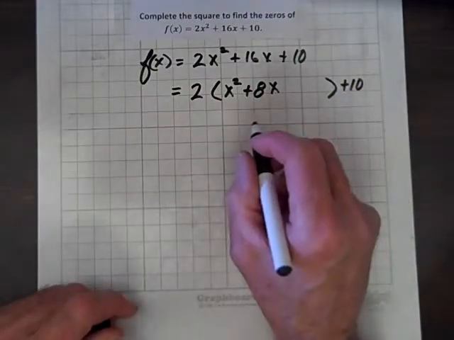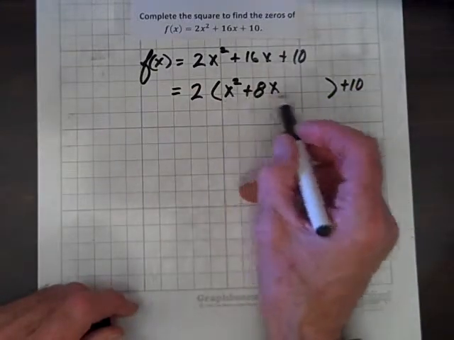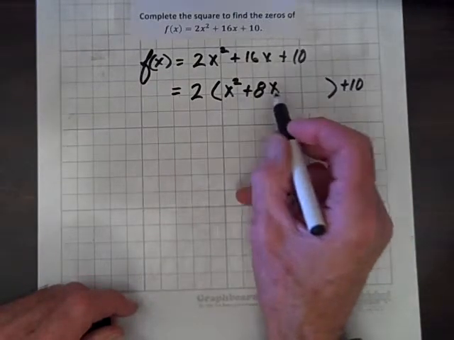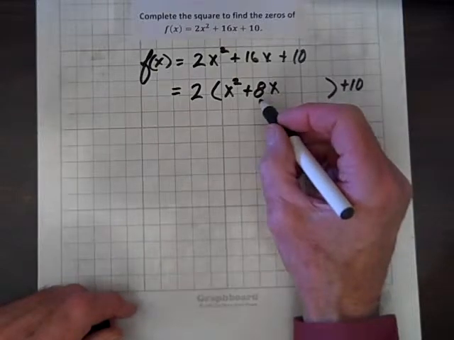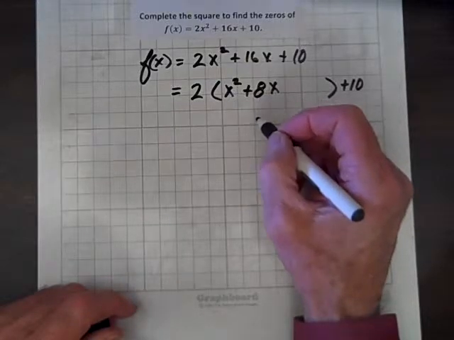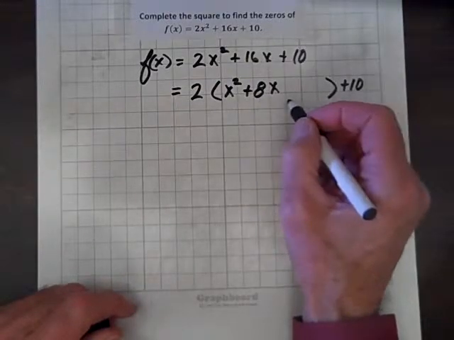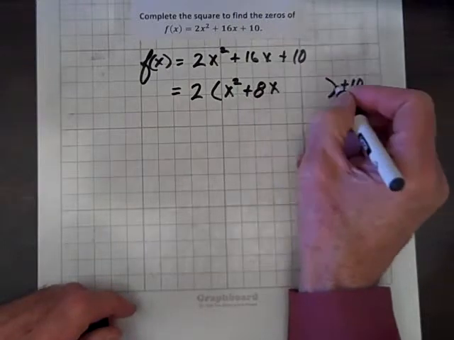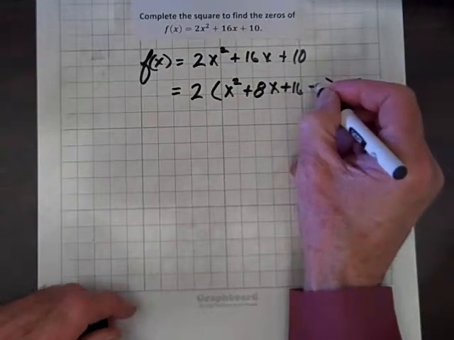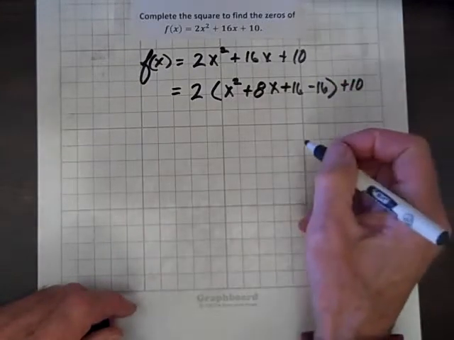Now, we can complete the square relative to this expression, x squared plus 8x. So half of 8 is 4. And if we square 4, we get 16. So I'll add 0 to this thing in the form of plus 16 minus 16.